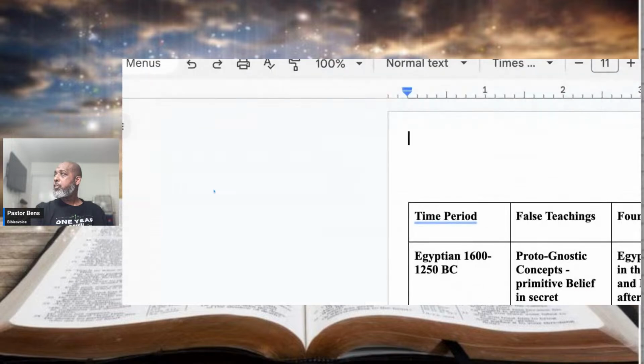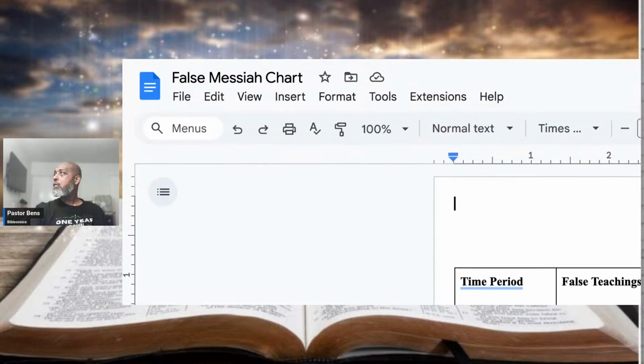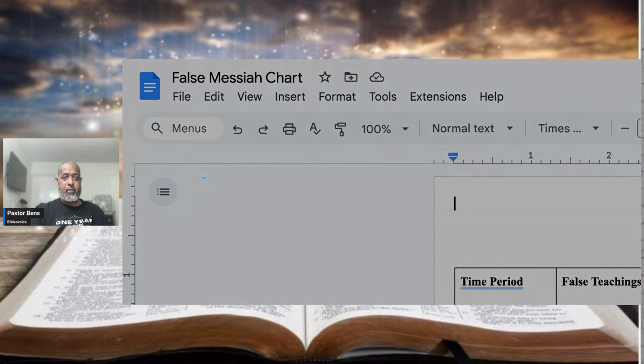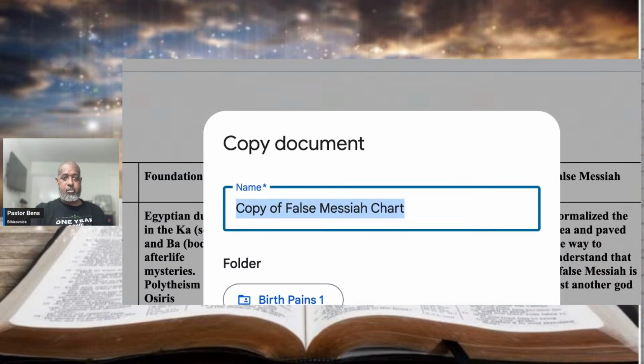Make it a little bit larger. All right, so you go up to the left corner where the little blue icon is. Then you come over to the right where it says File. Click on it. Scroll down to make a copy, and you're going to see this screen right here.